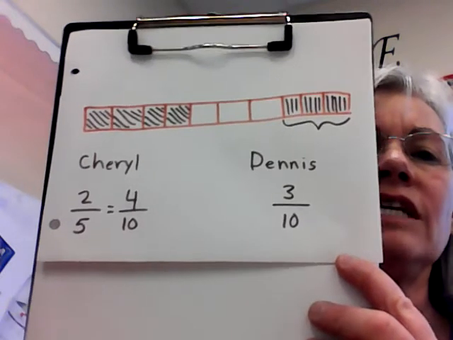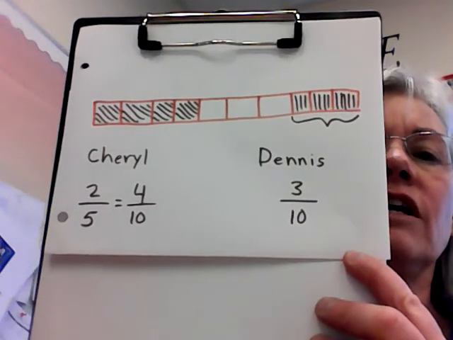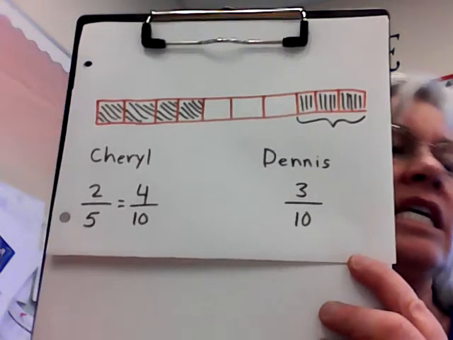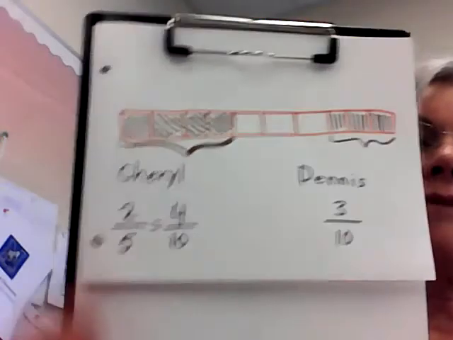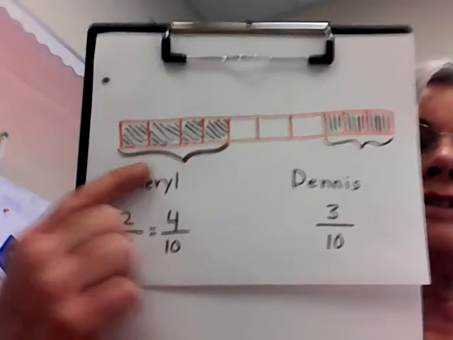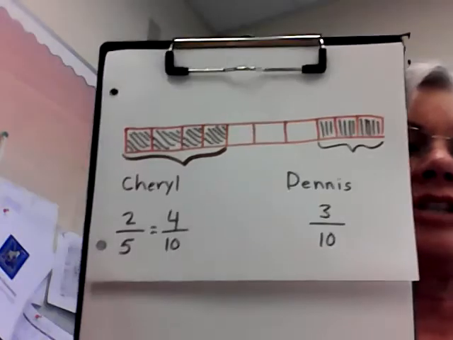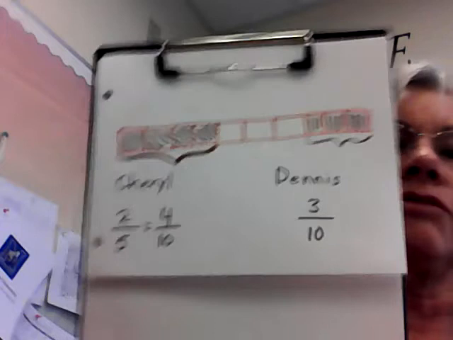We need to find out how much of the pumpkin pie is left over after the two have enjoyed their dessert. I just realized that I didn't quite model this illustration quite right. I added this bracket to Cheryl's amount, her 4/10 that she's eating. Dennis is eating 3/10.